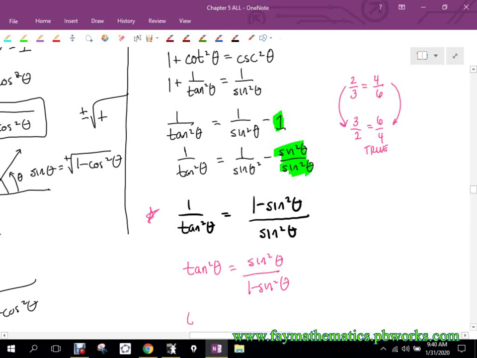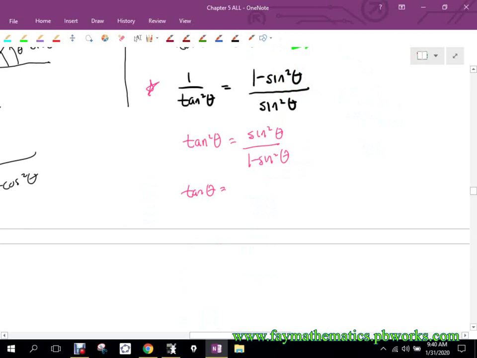Square root both sides, so I go tangent of theta is equal to plus or minus the square root of sine squared theta over 1 minus sine squared theta, right? Yep. Okay. I'm just going to go one step further. When we have the square root of a fraction, because of our laws of exponents, we can change that to this, can't we?